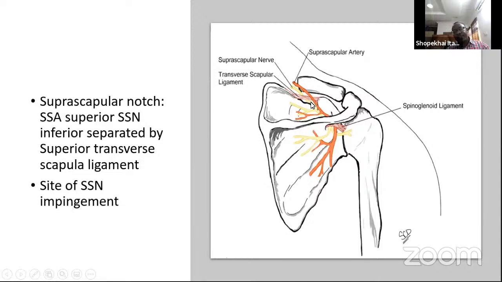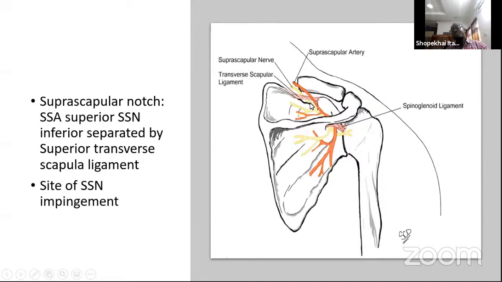But as the nerve traverses the scapula down here to the spinoglenoid region, if there's an impingement at this point, the nerve supply to the supraspinatus has already been given. So the only affectation you will find with a spinoglenoid ligament obstruction or impingement is that to the infraspinatus muscle.